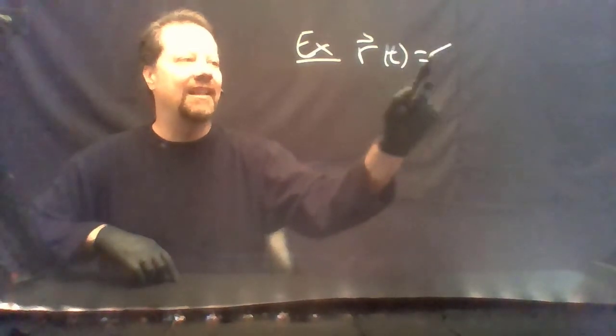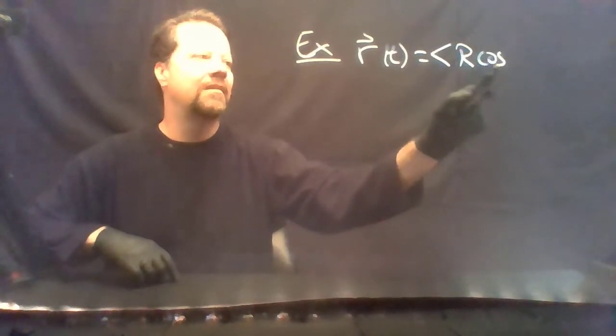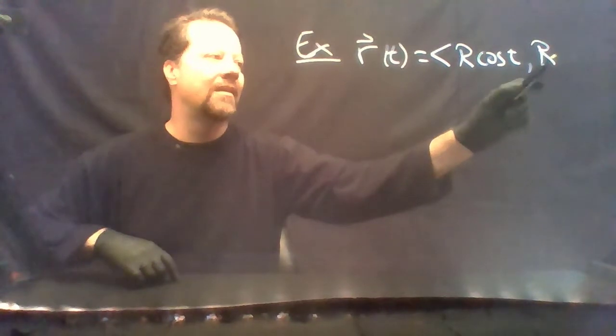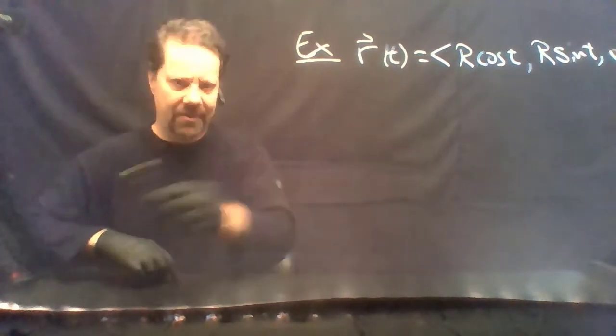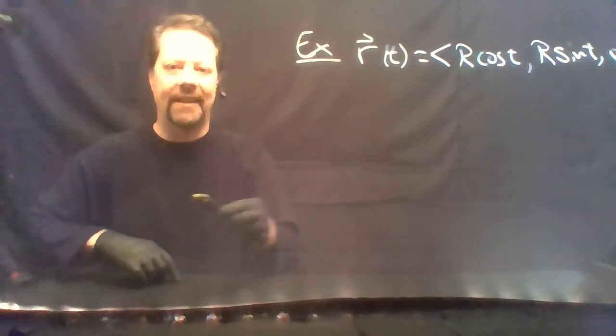Suppose r of t is capital R cosine t, capital R sine t, and 0. So we're dealing with a circle of radius r in the xy plane.